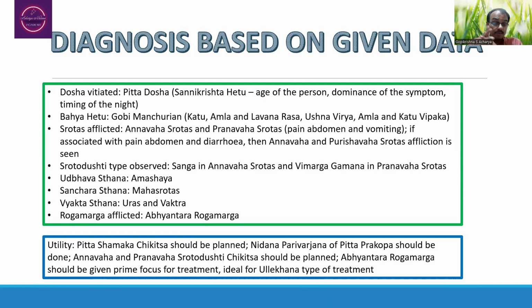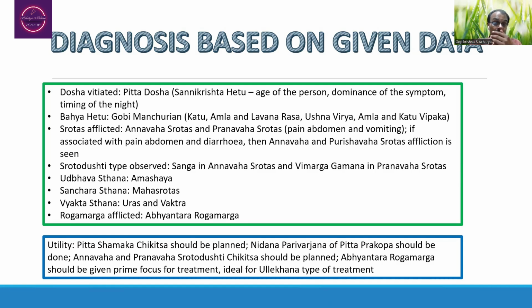As far as Roga Marga affliction was concerned, Abhyantara Roga Marga affliction was being seen. That means the pathogens or vitiated doshas are present in the Mahasrotas itself. So Pratimarga Harana, or Asanna Marga Harana, is very easy in this situation.